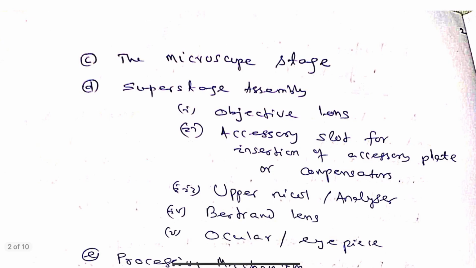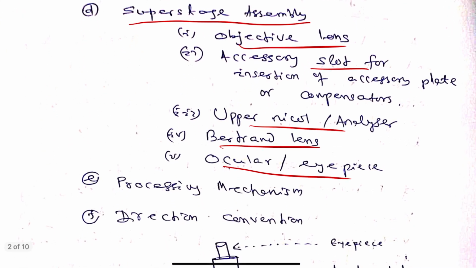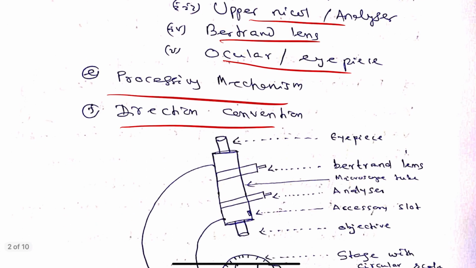Above the substage assembly we have the microscope stage, followed by the superstage assembly that includes the objective lens, the slot, the Bertrand lens, and the ocular eyepiece. After discussing all these parts, we will see the rotation mechanism and the direction convention.